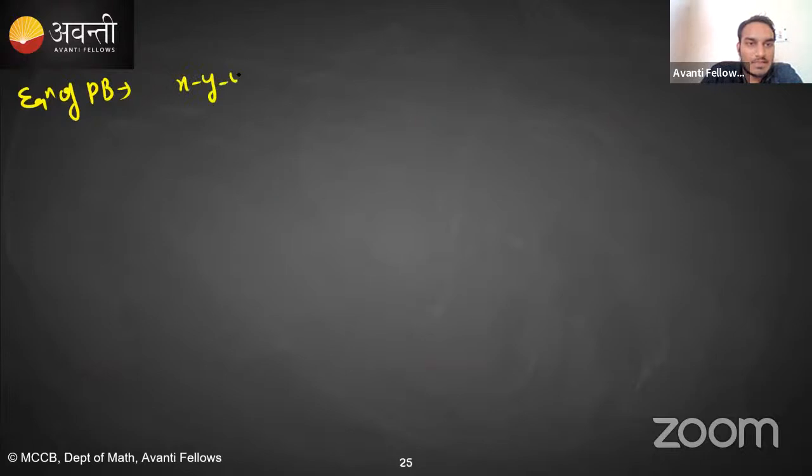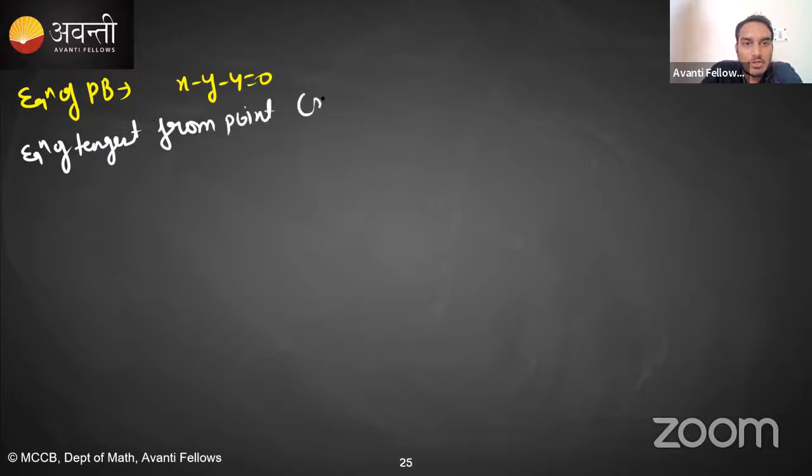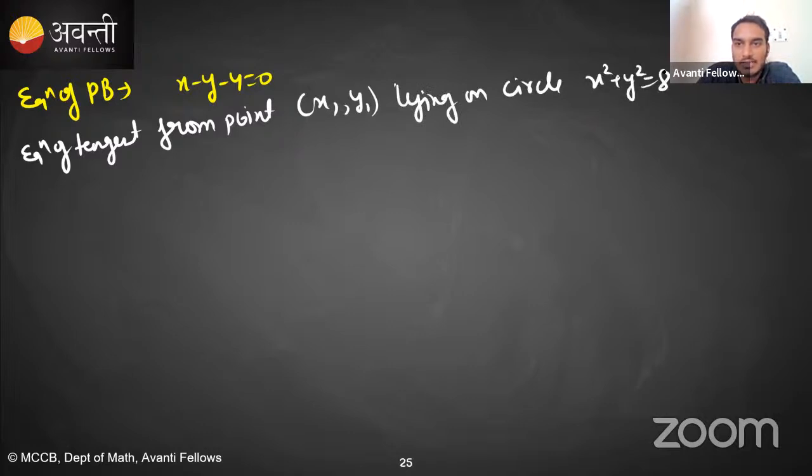X minus y minus 4 is equal to 0. So equation of tangent from point x1 comma y1 lying on circle x square plus y square is equal to 8 can be given as x x1 plus y y1 is equal to 8.